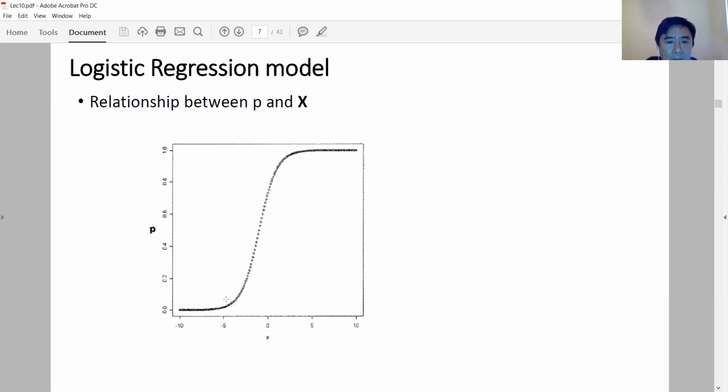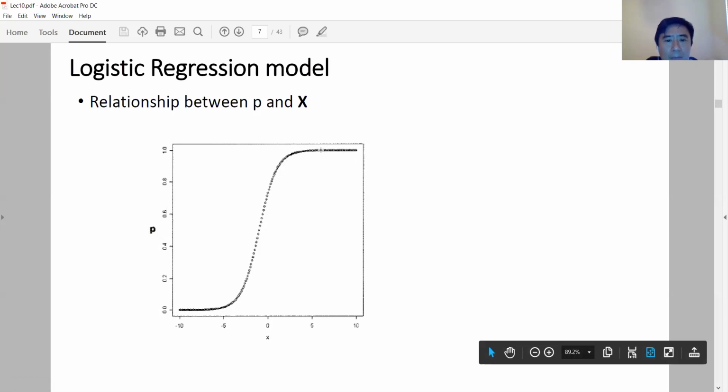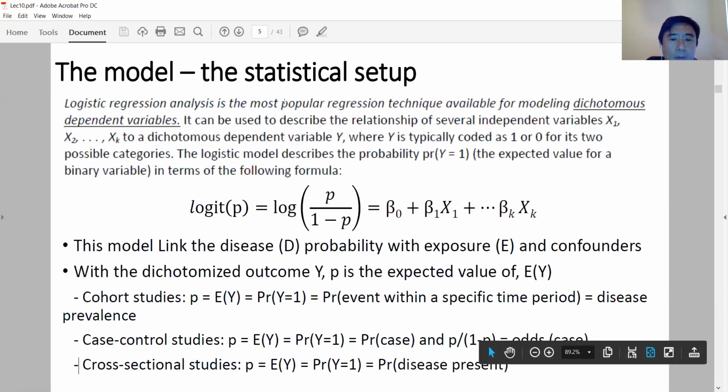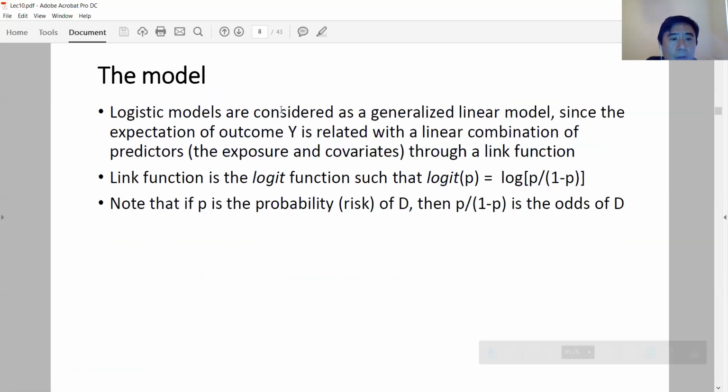Only in the middle does it increase dramatically, like exponential. But eventually it will flatten the curve. The reason is the cap. The cap is 100%, and the lower bound, the floor, is 0. Your ceiling is 1, because the probability is always from 0% to 100%. So the 100% is the same as 1.0.